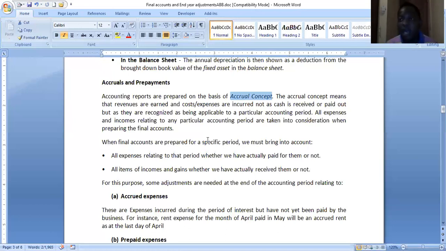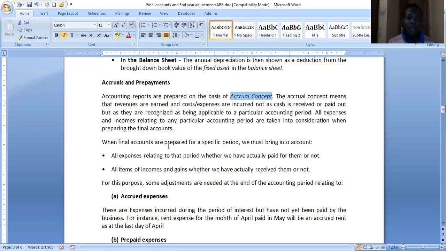For incomes, under the accrual concept, they will be recognized in the profit and loss account as and when they are earned, regardless of whether cash has been received or not for these incomes. So that is the accrual concept of accounting. This is a concept that we will follow when adjusting for accruals and prepayments in the income statement.